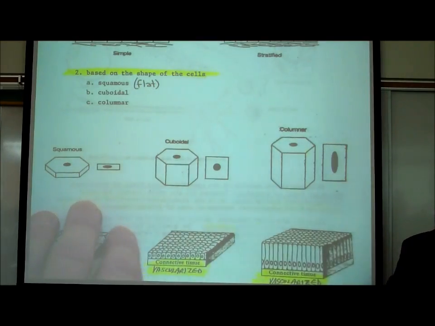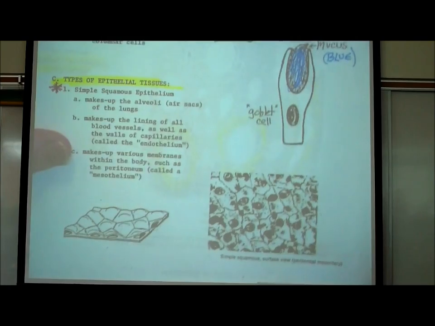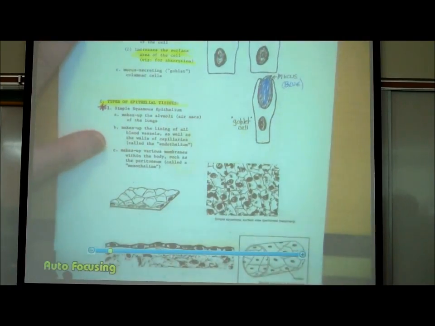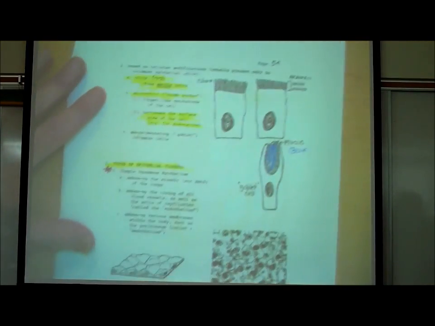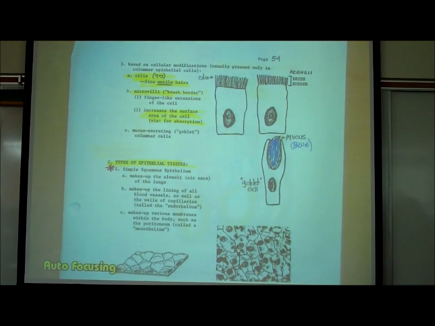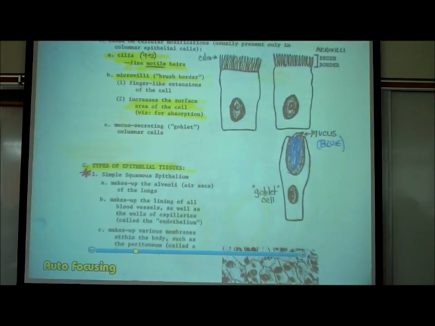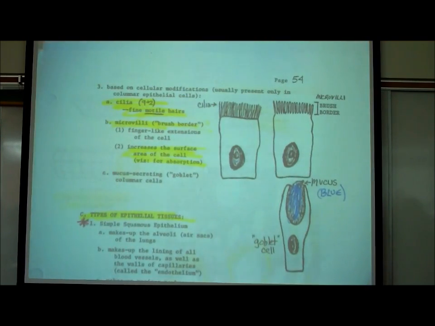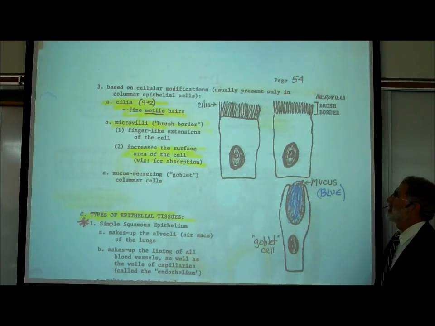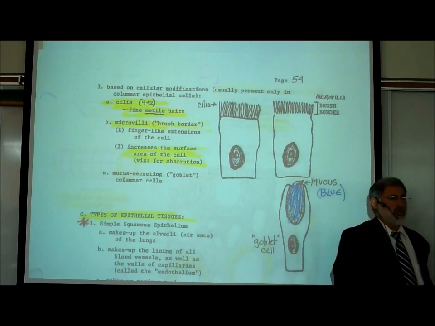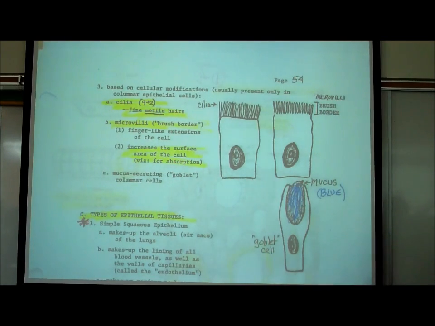We also learned on page D3 that some epithelial tissues, especially the columnar shaped cells, may be modified. They may have cilia. They may have microvilli. Which one moves, cilia or microvilli?